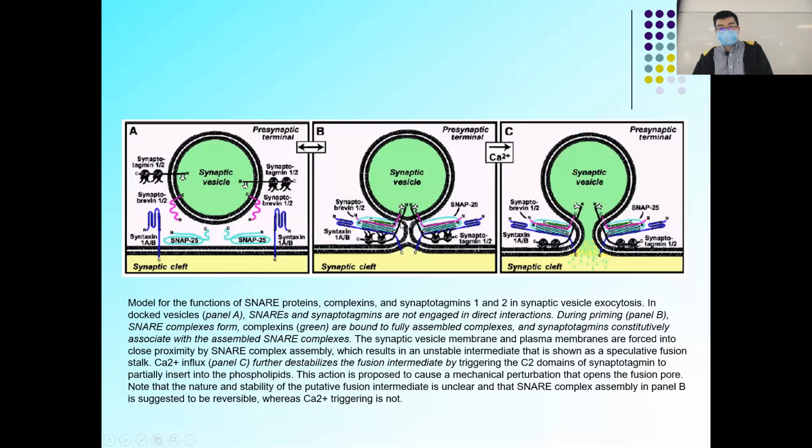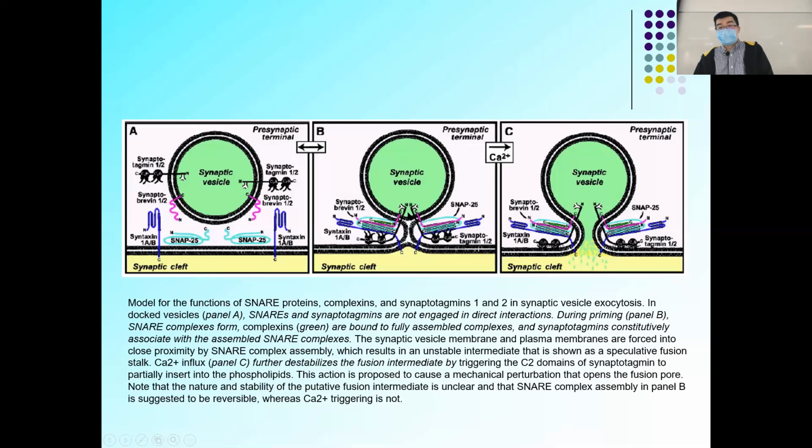Now, this is the priming state in which we believe the vesicles are loaded, and you can see that the structure may be like this. Half of it has been fused already, and another half is not there yet.